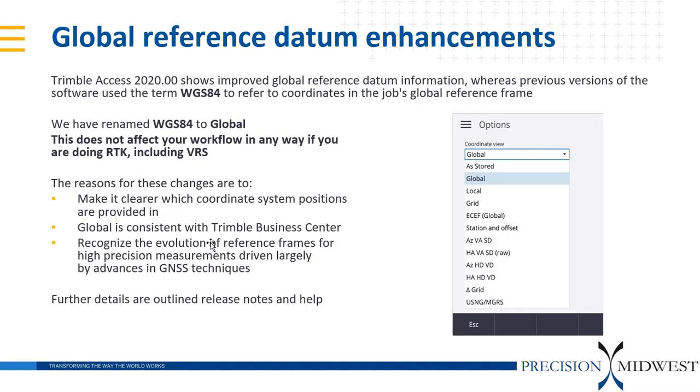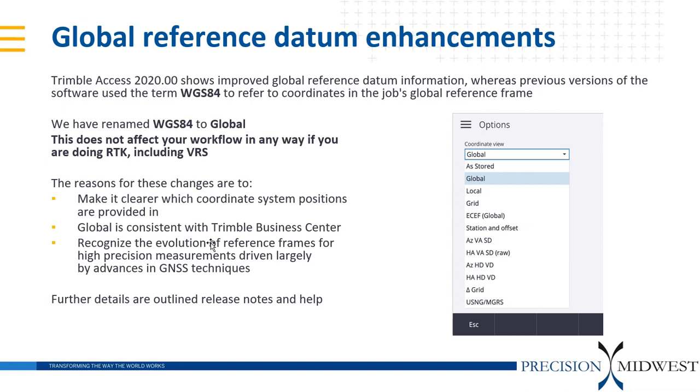Global reference datum enhancements. In 2020, Trimble Access shows improved global reference datum information, whereas previous versions of the software used the term WGS84 to refer to coordinates in the job's global reference frame. They've renamed WGS84 to Global.